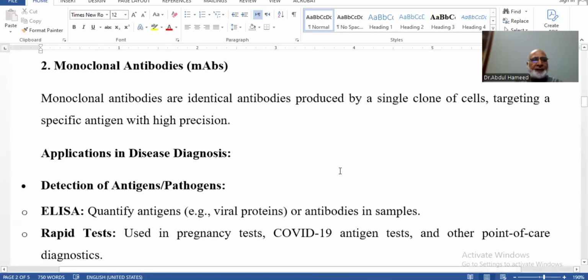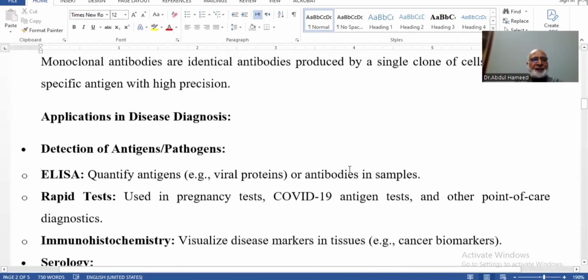And its application in disease diagnosis, for example, detection of antigens of pathogens. For example, we may perform an ELISA test, and the purpose is to quantify the antigen, maybe viral proteins or antibodies in the sample. ELISA is a little bit cheaper and rapid method as compared to real-time PCR.